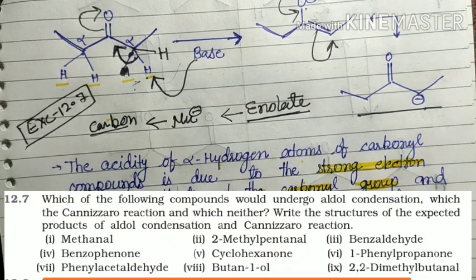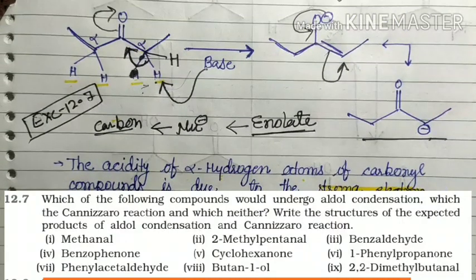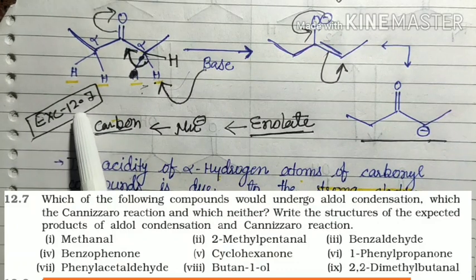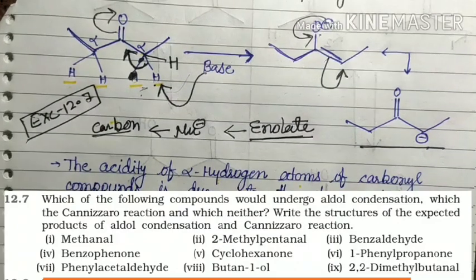So you may be able to understand which type of molecule may undergo the aldol reaction, because a basic requirement for aldol reaction is that the molecule should have alpha hydrogen. If there is no alpha hydrogen, the molecule does not undergo the aldol condensation reaction. So exercise 12.7 you may solve on the basis of finding the number of alpha hydrogen.